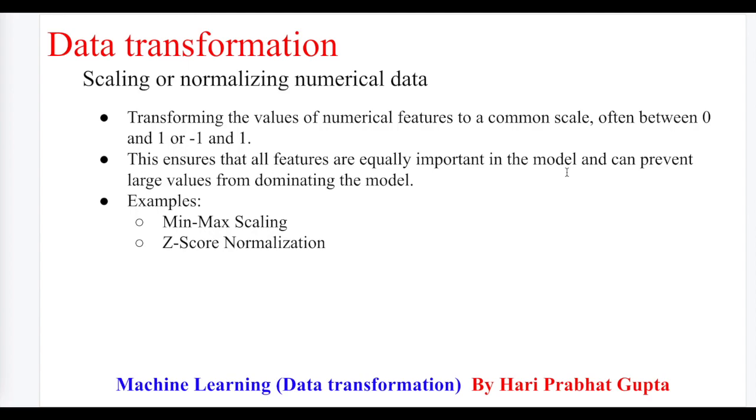How can we give equal importance to these two columns? If we do the normalization and all the values fall between 0 and 1, then both columns are equally important, whether it is temperature, pressure, or IMU sensor values. All columns are equally important if they come within the range of 0 and 1. So this is very helpful for data transformation, and there are two techniques: one is min-max scaling, the other is Z-score.